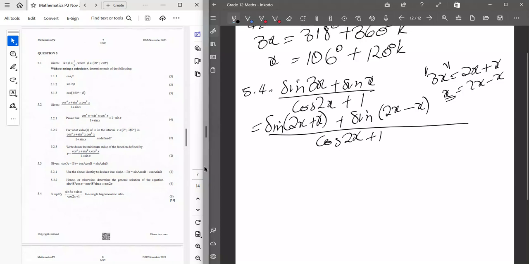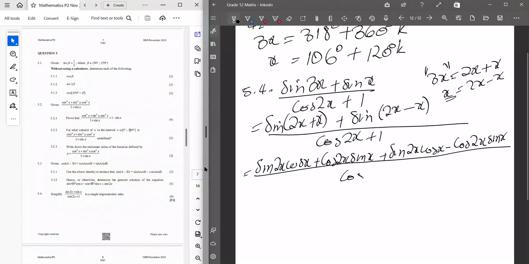Be careful. We have sine 2x cos x plus cos 2x sine x plus sine 2x cos x minus cos 2x sine x all over cos 2x plus 1.